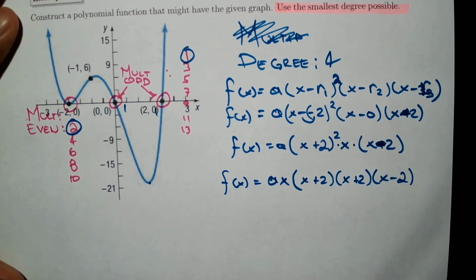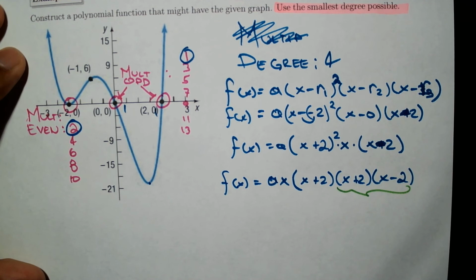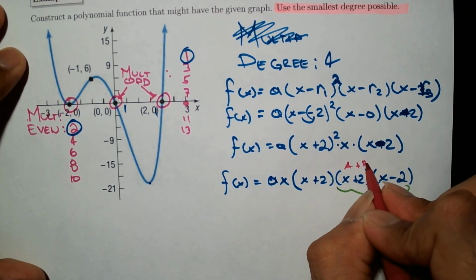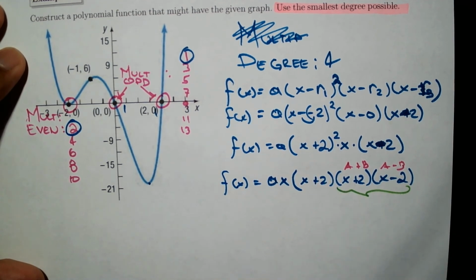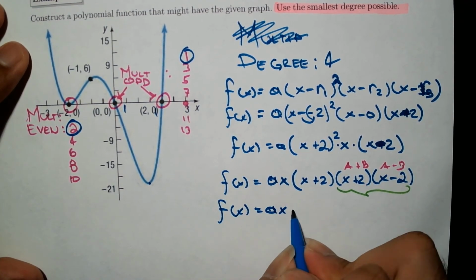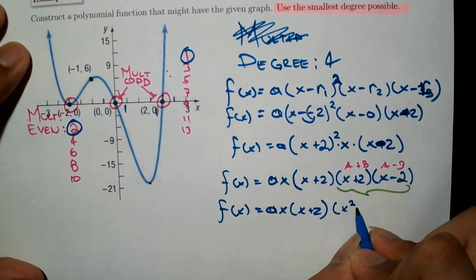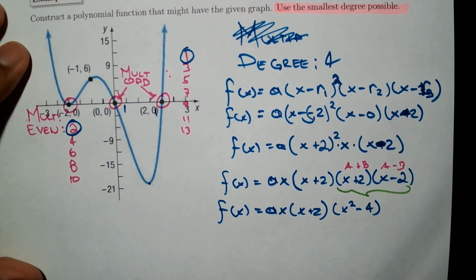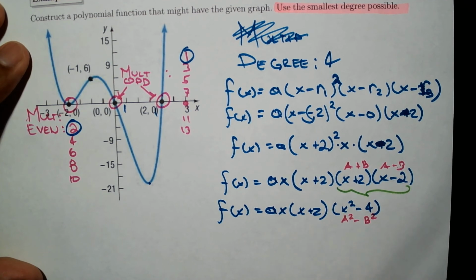The reason I do that is because over here I'm going to have this so-called a plus b, a minus b. If you want to foil this, fine, you're good to go. However, I'm trying to simplify some of the work. Maybe not by much, but at least it's going to be something. a times x times x plus 2 times x squared minus 4. That's what we get when we have a plus b times a minus b. That's a squared minus b squared.